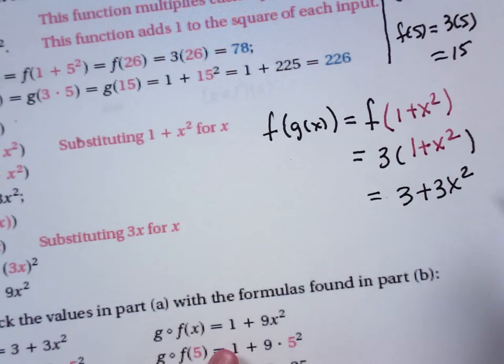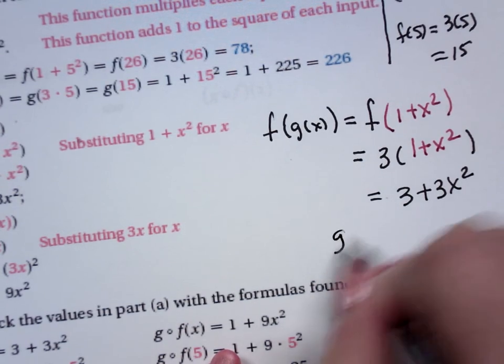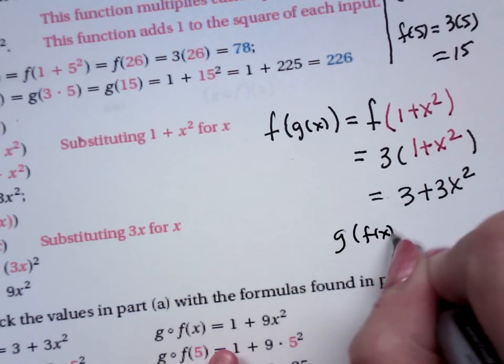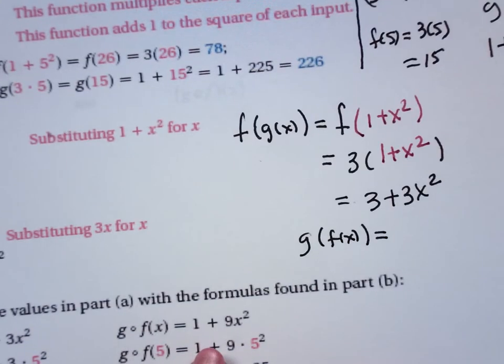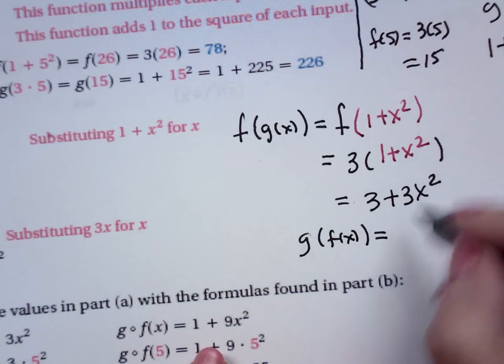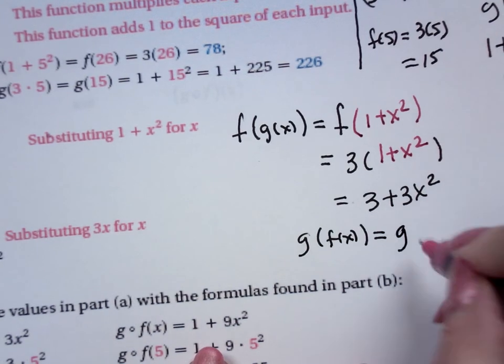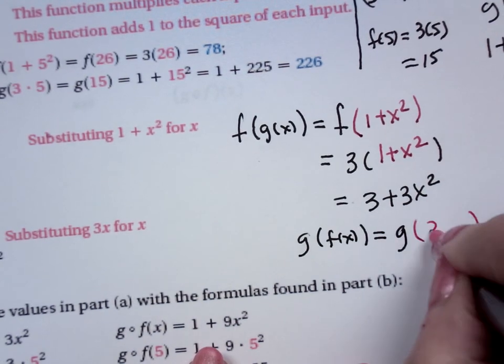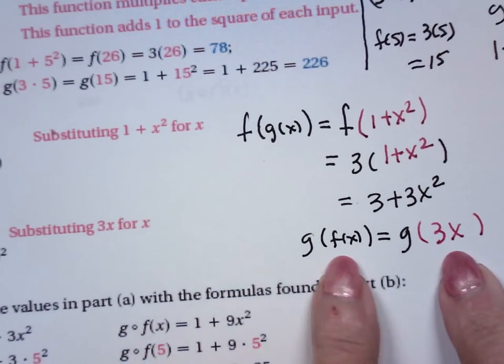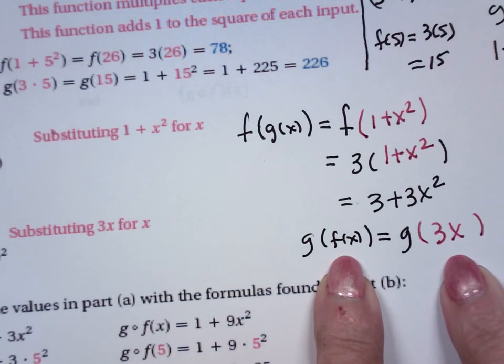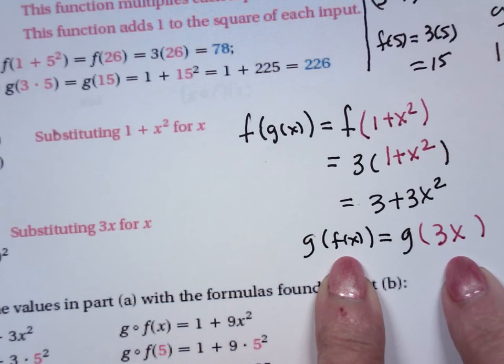Now with Goff, you're going to pull the x out. Now you're in g, you're stuffing it with f of x, which is 3x. See, if you can do f of 5, you can do f of 3x. It's the same concept.